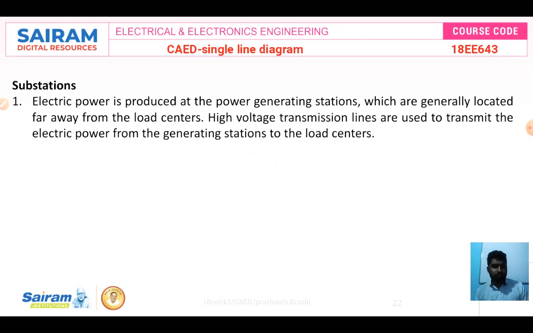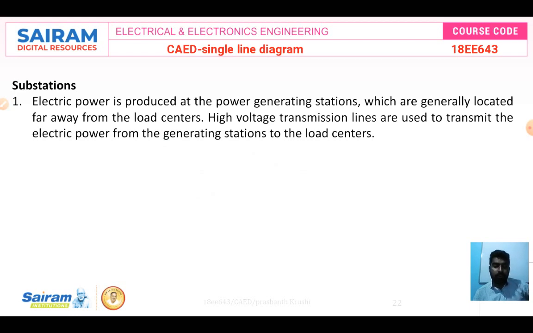Electrical power is produced in the generating stations, everybody knows, which are generally located far away from the load center. Why do they keep a substation? For example, the thermal power plant Raichur, thermal power plant Ballari, or hydel power plant Jog. These power plants are located on the outskirts of the city, where the population is also less.